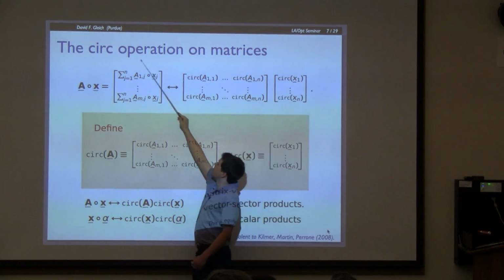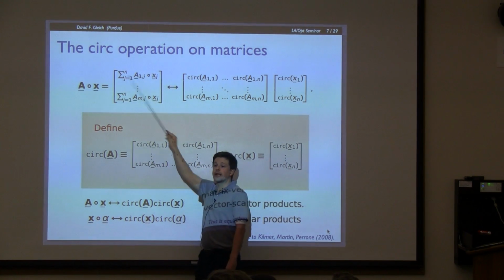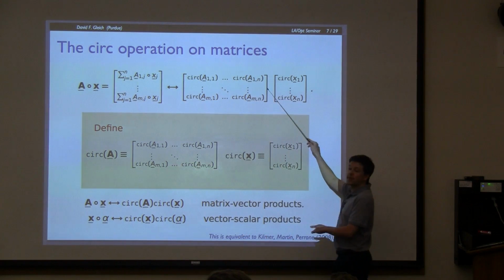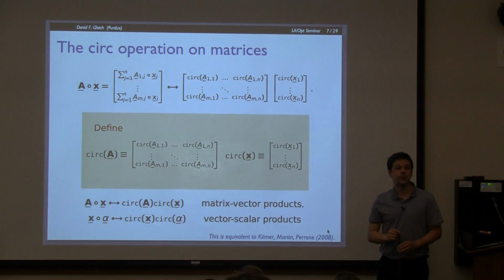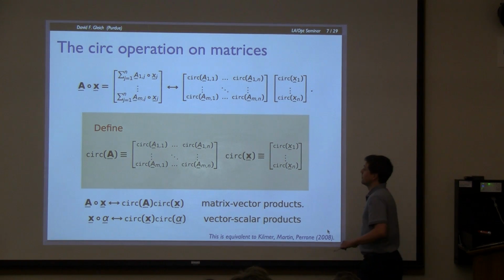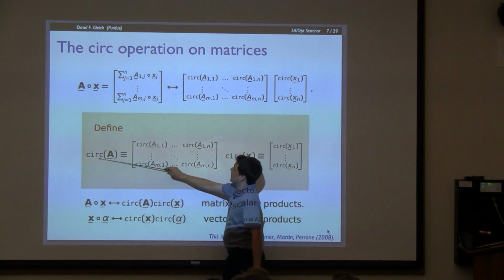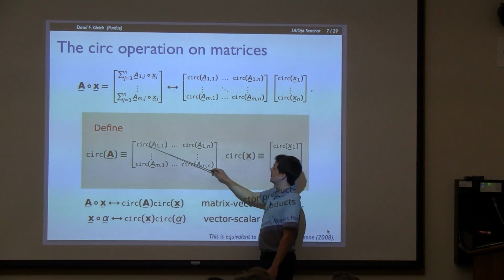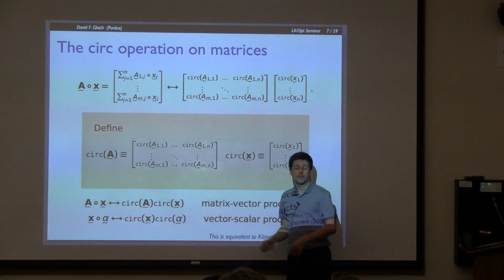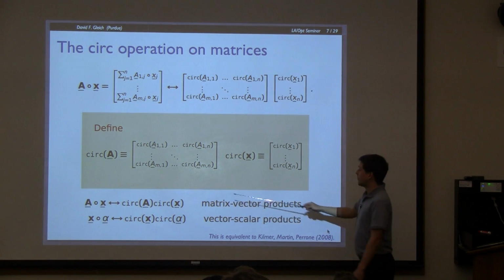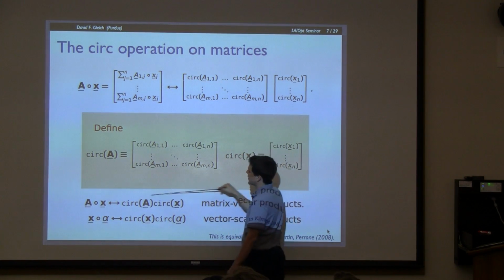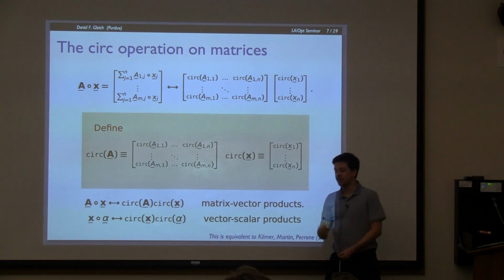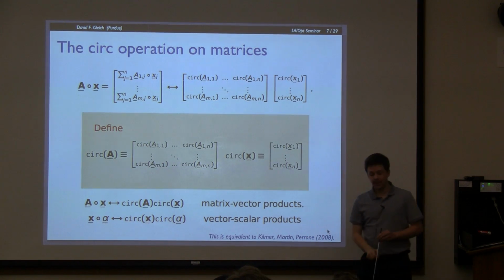So if we want to do this operation in terms of our ring kk, it corresponds with this operation back in terms of standard matrices in linear algebra. So what we do then is define circ of a matrix operation to just be the circ operation defined everywhere, in which case we can write these operations just in terms of circ of the elements themselves.